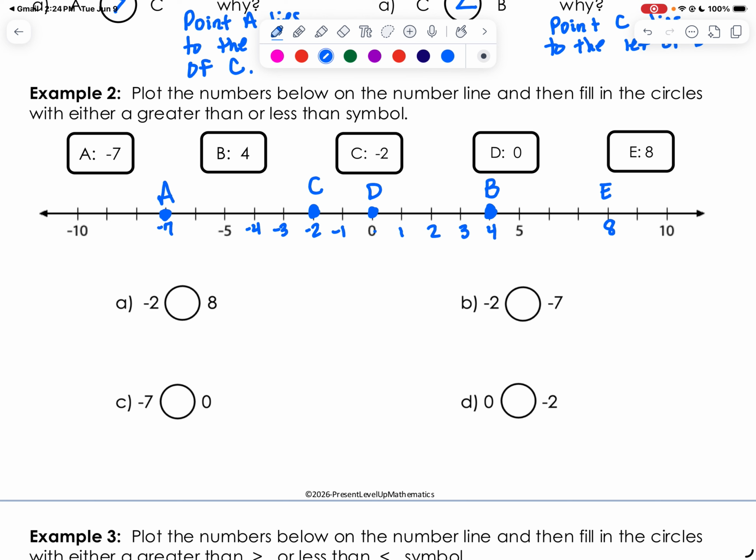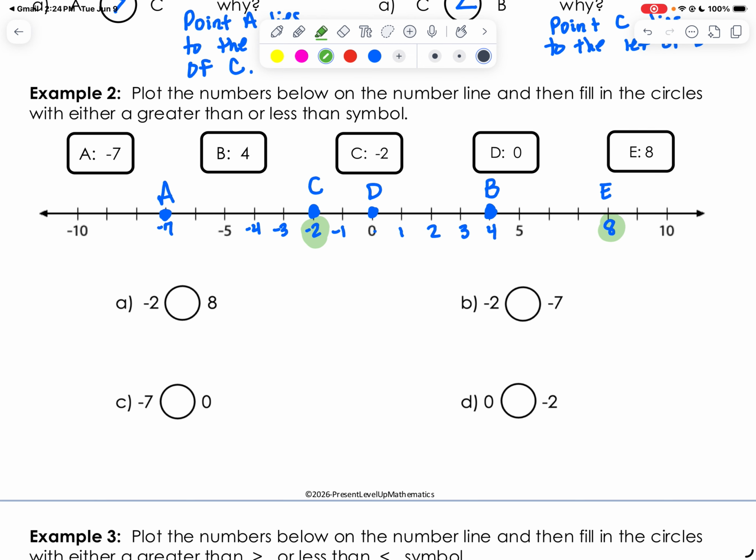Now I'm going to put a less than or greater than symbol in each circle to make the statement true. So in problem A, we're comparing -2 to 8. So here's -2 and here's +8.